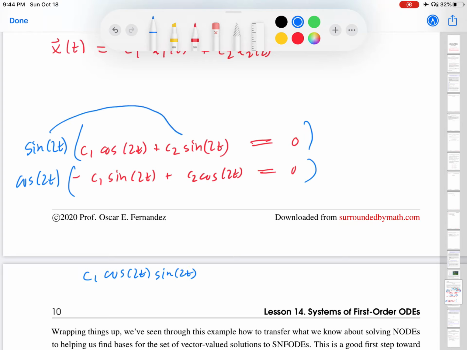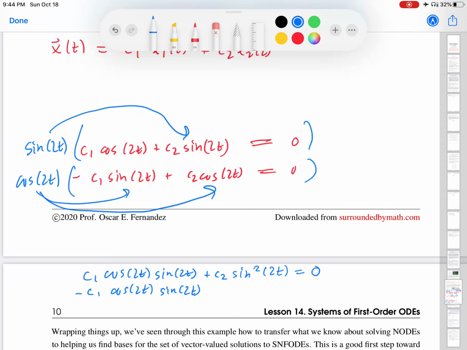And then this sine times this sine gives me a sine squared 2t. Right-hand side stays 0. Second row, I get minus c1 cosine of 2t times sine of 2t. And then this cosine times that cosine gives me a cosine squared 2t equals 0.